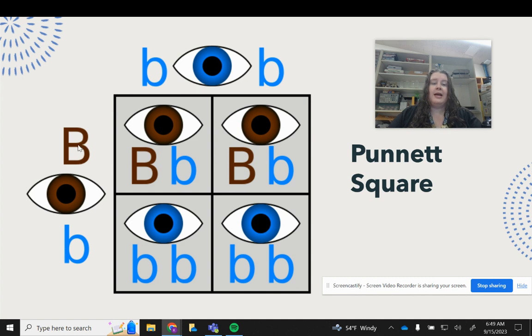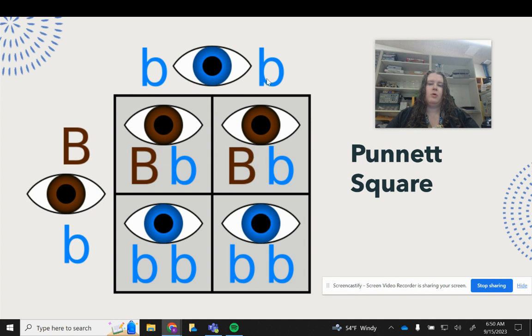I know that she has a big dominant gene and a recessive gene. The reason why I know that, I'll show you. Dominant means that some of my siblings have brown eyes because they have a dominant and a recessive. So you drag these over and down, drag this over, drag that down.